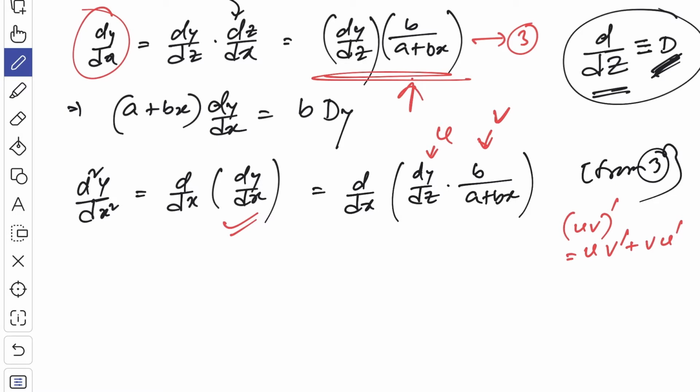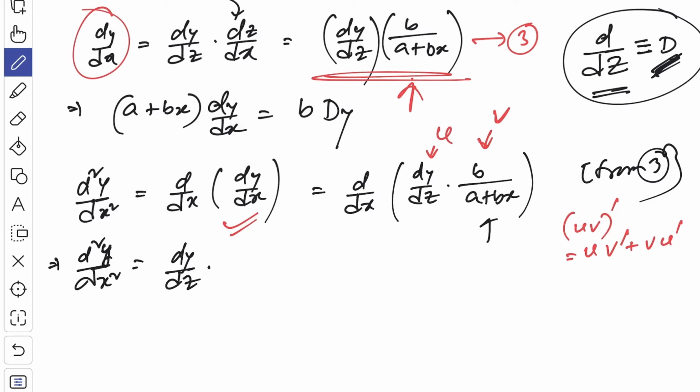If you apply this here, our first function u is in this case dy by dz, then the derivative of b by a plus bx. So how to differentiate it?